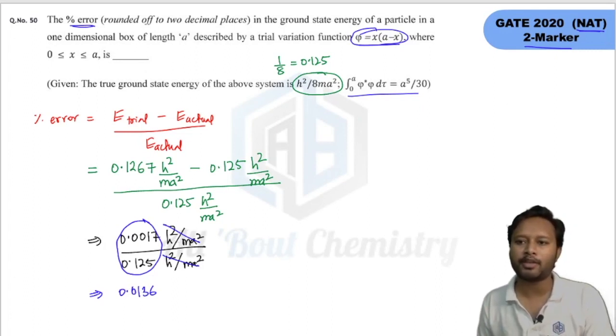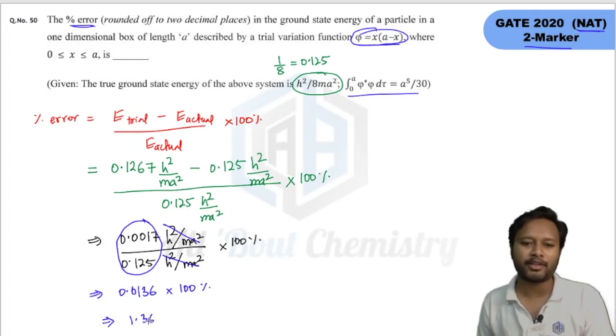Since I have to mention everything in percentage, I have to express it in 100% form, so I have to multiply each step by 100. In this step also I multiply it by 100 in order to convert it into percentage form. So the final answer which will come out will be 1.36 percent. This is going to be the final answer for this particular question.